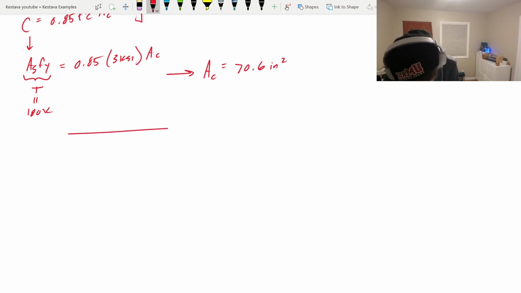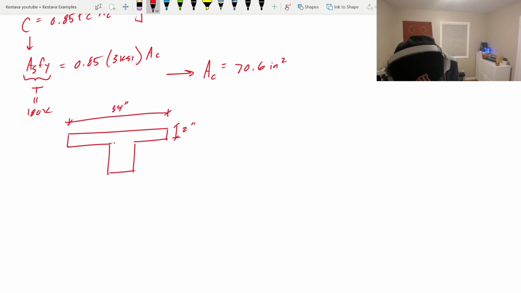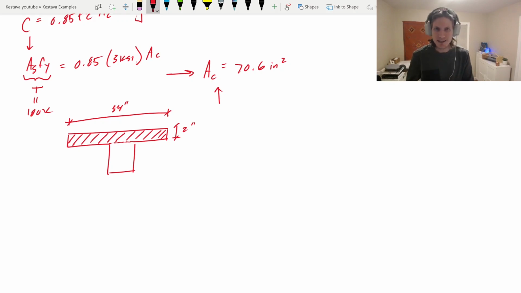Now, a little fun trick that we can do is this. Again, I'm going to keep on not drawing these to scale at all. We already know what the area of our flange is. So let's first see if the area of our flange is equal to or greater than A_c required, then we know that the neutral axis falls within the flange itself, and that compression block never slides down into our web.